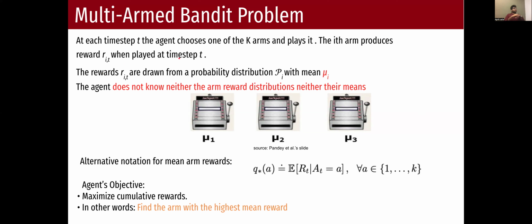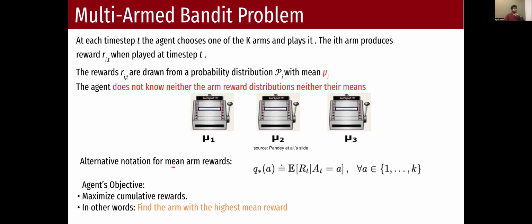The rewards are drawn from a probability distribution p_i with mean mu_i. The agent knows neither the arm reward distributions nor their means. The agent doesn't know anything, so it will do either exploration or exploitation.